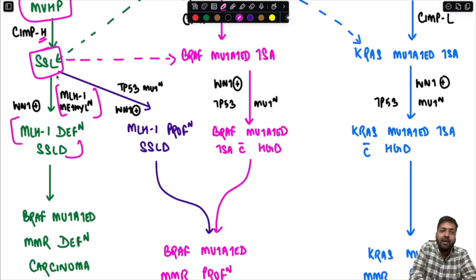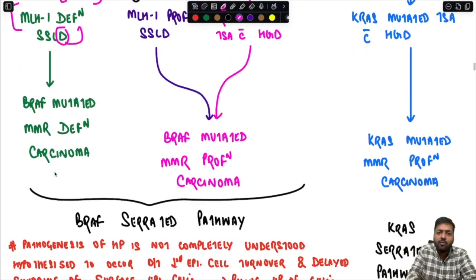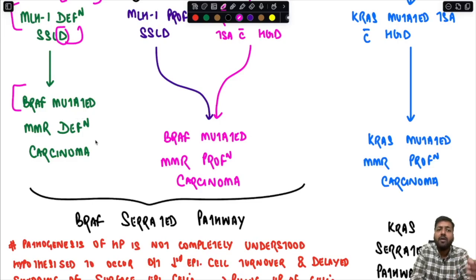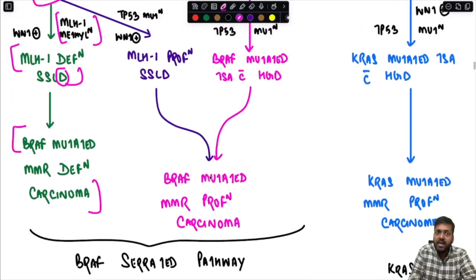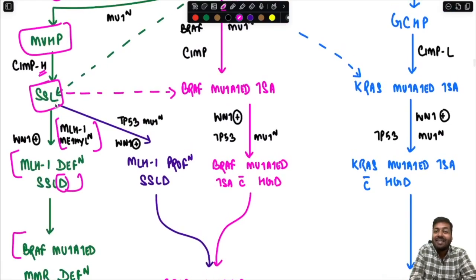Remember, at this stage where the lesion is converting into a dysplasia, there is WNT activation. And what is the mechanism? Via MLH1 promoter region methylation, giving rise to MLH1 deficient SSLD, which over a period of time can acquire more and more mutations to give rise to BRAF mutated MMR deficient carcinoma. This is one of the fates of the SSL.